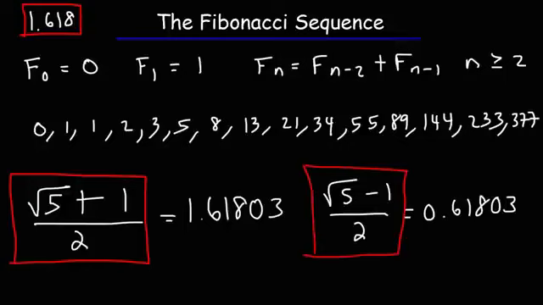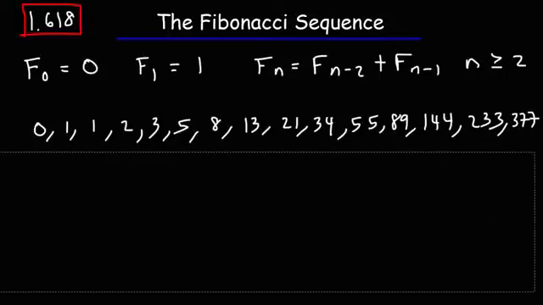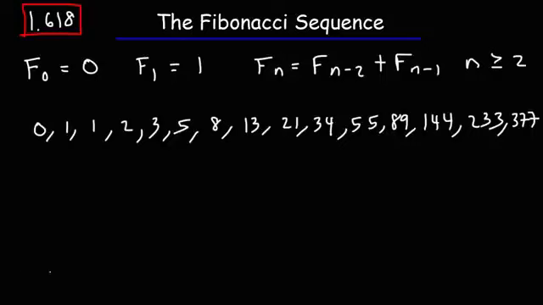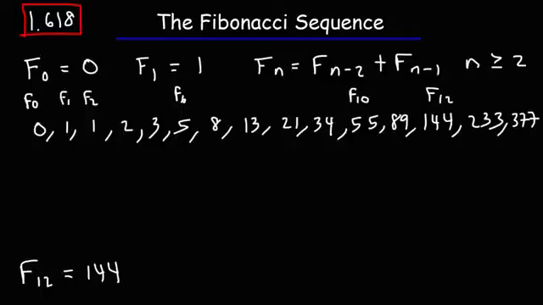So here's a question for you. We know that f sub 12 is 144. As we said before, this is f sub 0, f sub 1, f sub 2. This is f sub 6, f sub 10. So f sub 12 is 144.